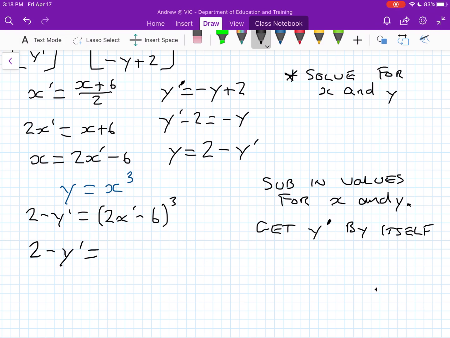So just taking out a factor of 2 here. So that becomes x minus 3 in the bracket.